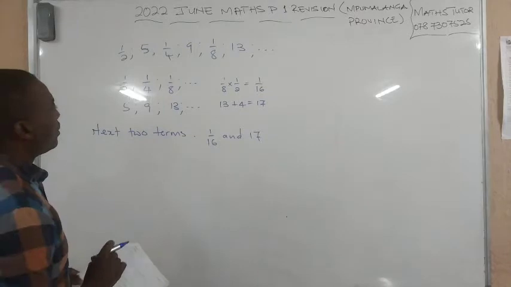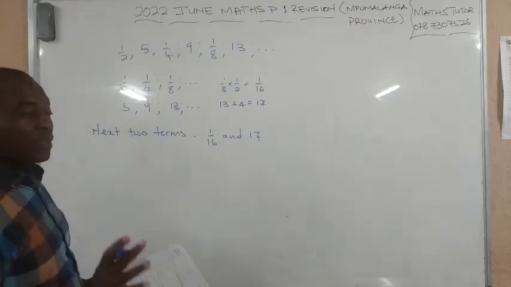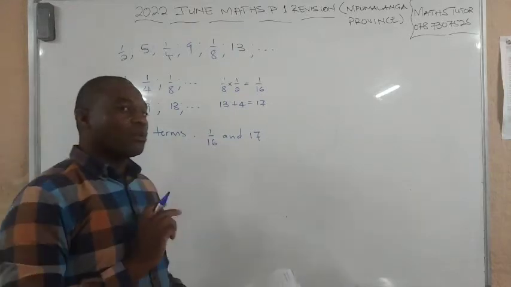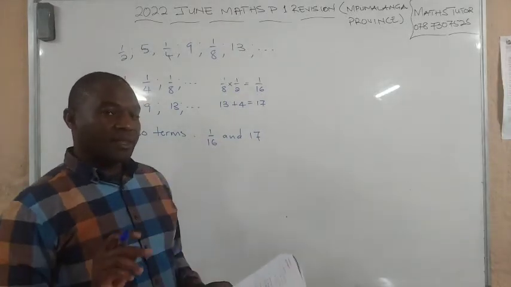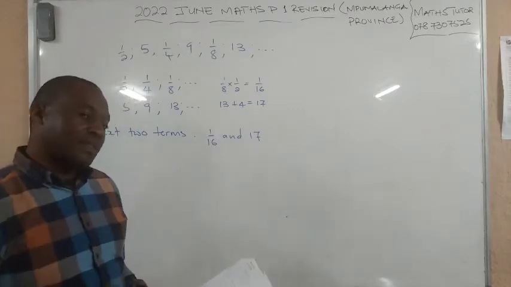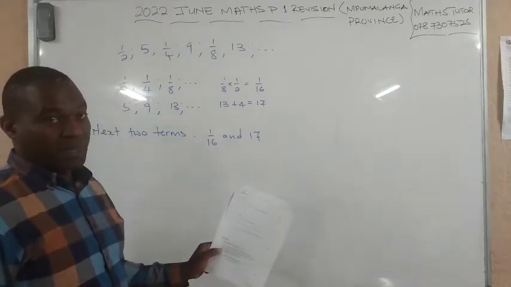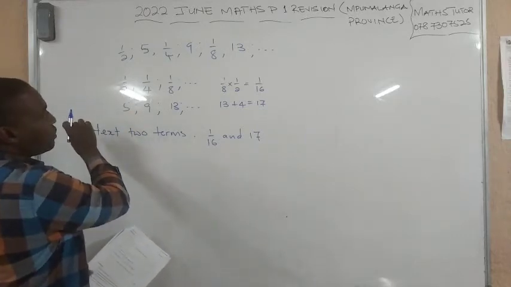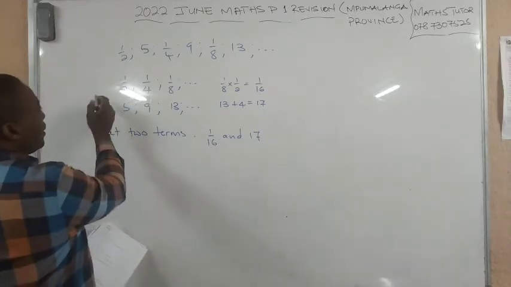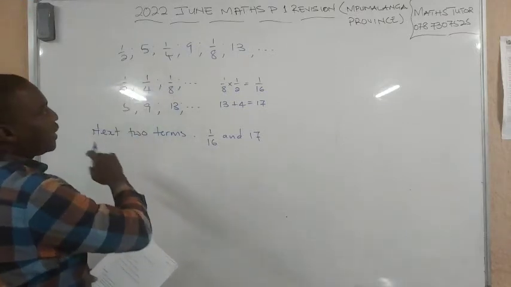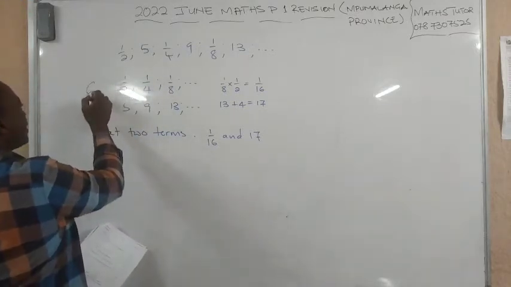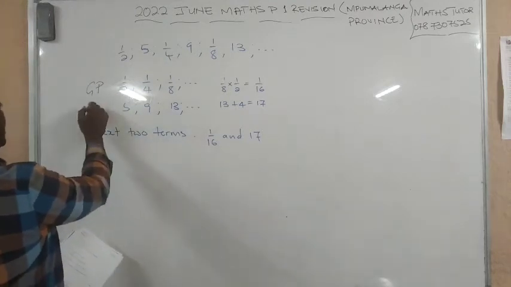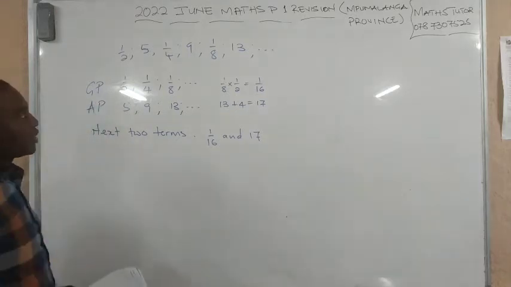Now, we know that when it comes to the sum, we are basically talking about the geometric series and the arithmetic series. Nothing besides that. Of the two sequences we have, half, 1 over 4, 1 over 8 is a geometric progression, and 5, 9, 13 is an arithmetic progression.